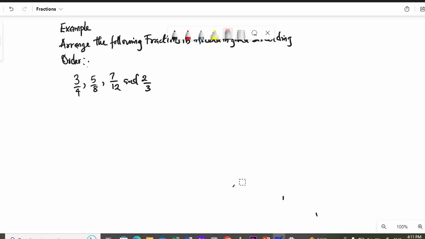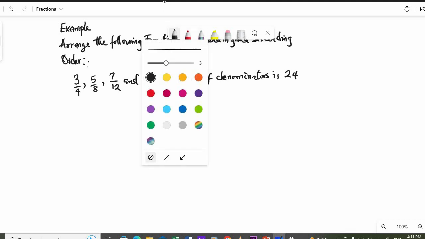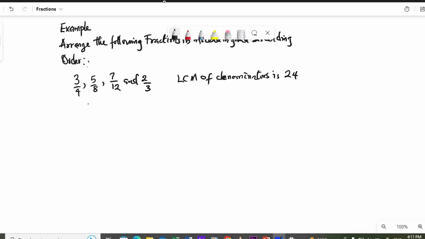Remember, our LCM of 4, 8, and 12, all of the denominators, is 24. So we just write this here. LCM of denominators is 24. Okay, so I'm just going to say second step.